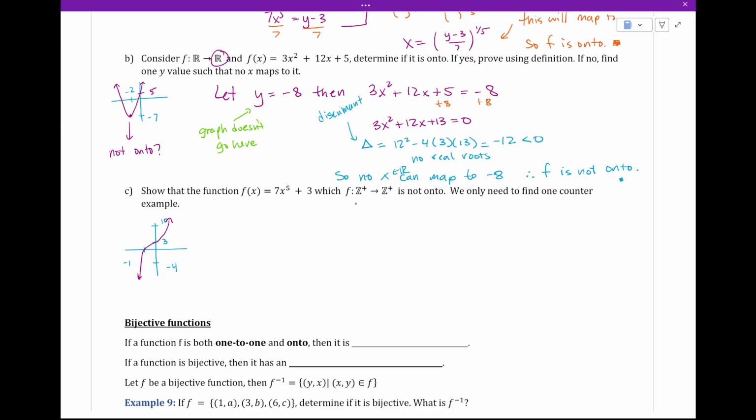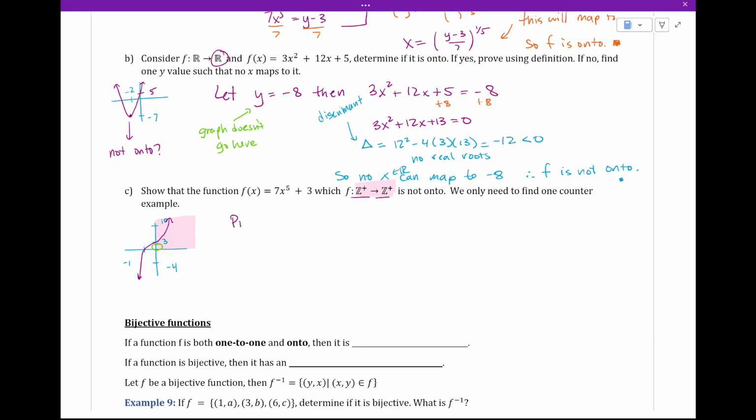So what I'm interested in is positive Z to positive Z. Where is that? That's this area right here. And what I'm seeing is this gap between 0 and 3. So the function exists there, but it doesn't exist in positive integers. I have to put in something negative for x in order to get these values. And so that's where I want my counterexample to live.